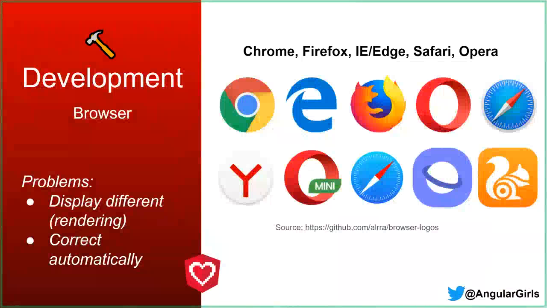Also, it depends on which region you are in. For example, this was the Y. It's Y in English. It's Yandex. It's very popular in Russia, for example. And the UC browser here, this is a browser which is very popular in China.